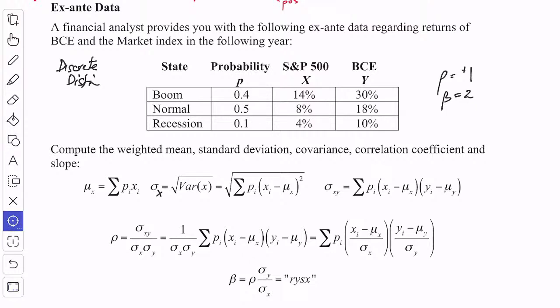Now your calculator, if you have the BA2+, does not do weighted mean and weighted standard deviation and weighted correlation and the beta. It will not do those. But the HP10B2 does. And you can also do this in Excel.